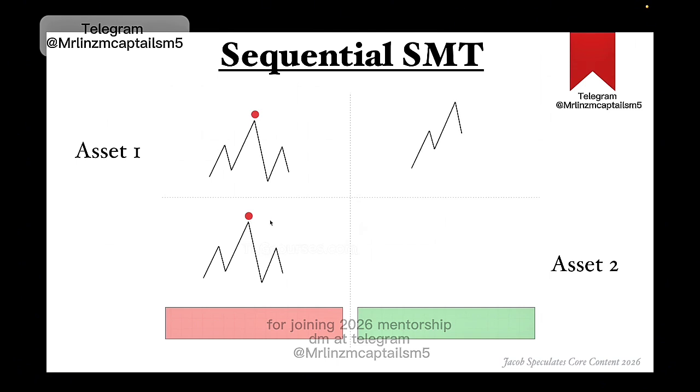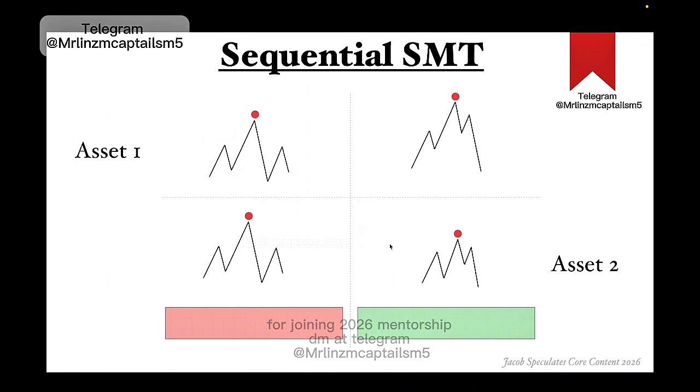If we load the diagram a little bit more, we can see that in the following quarter, price provided data. This high here was the high of the following quarter for asset 1, and this high here on asset 2 was formed here. Now, what is special about this?